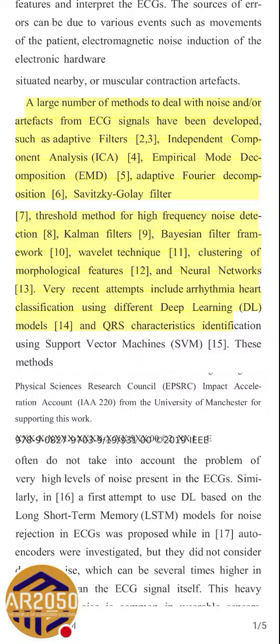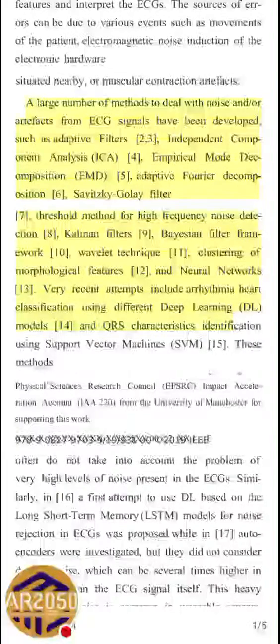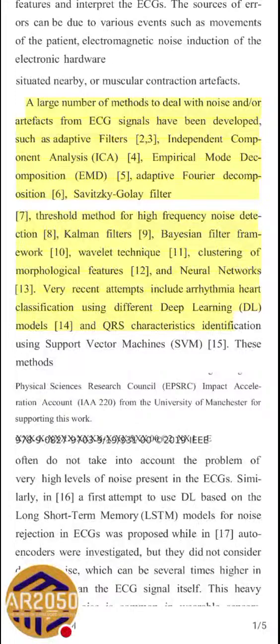Kalman filters are used most of the time when we have gyroscope or accelerometer data. Gyroscopes are mostly used in quadcopters and other aviation, so Kalman filters have most application over there, but they are still used for ECG signal denoising as well.